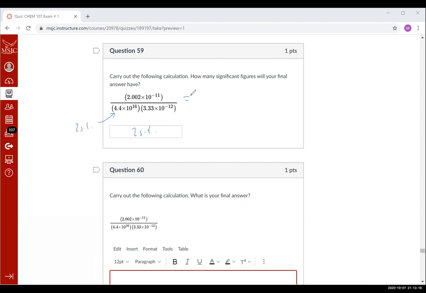And if we punch this into our calculator, we get 1.36 times 10 to the negative 16th, that we round to 1.4 times 10 to the negative 16th. Does that make sense to everyone?